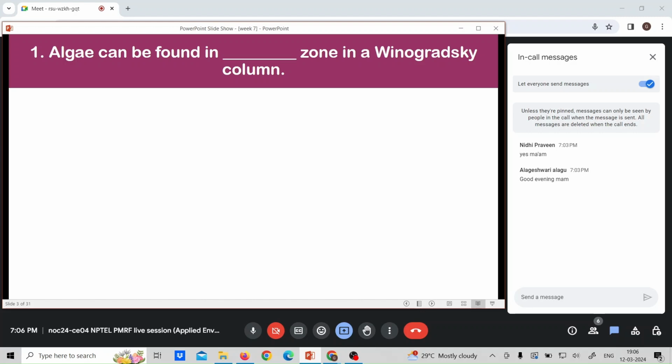I just ask, where will algae be found in which zone? There is no particular naming of a zone. I'm just asking the position of the zone to be clear.